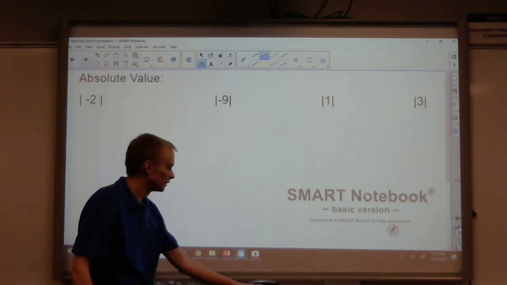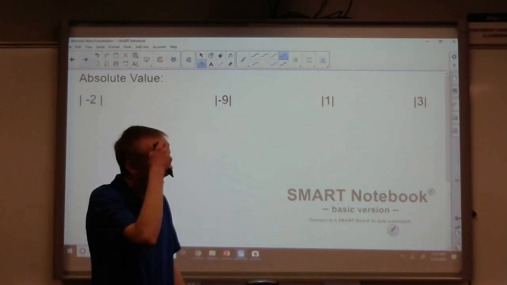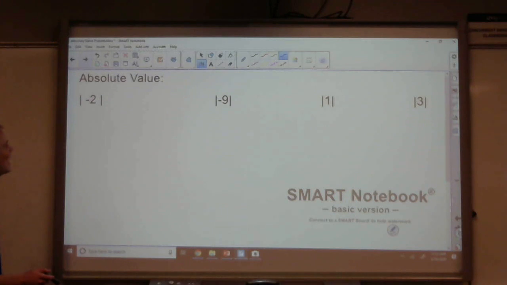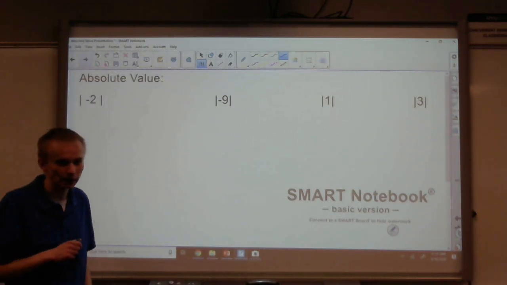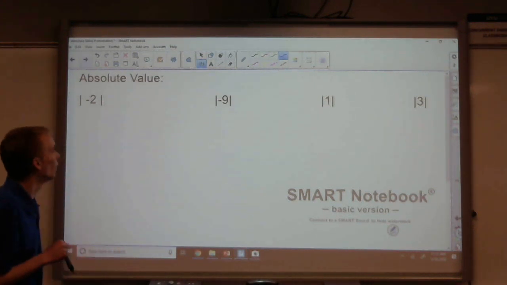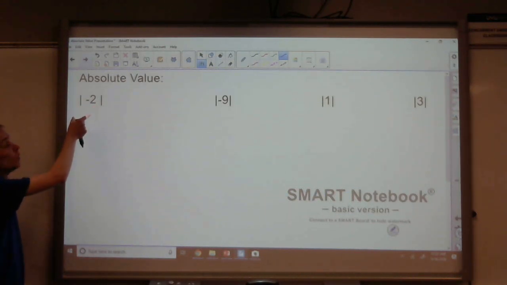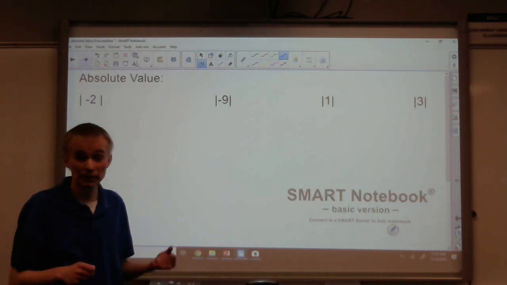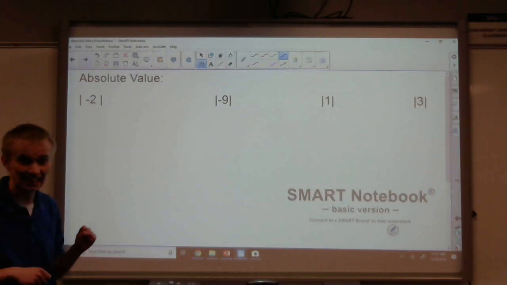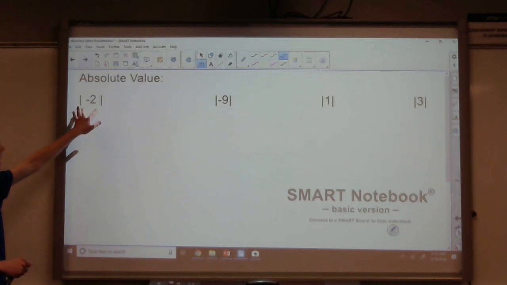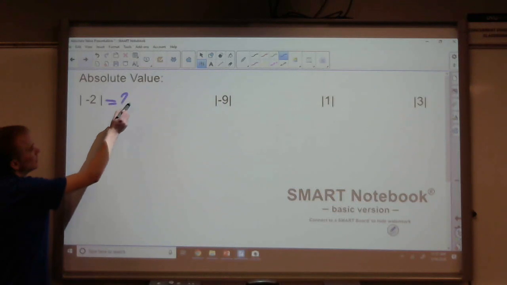And the name of that function is called absolute value, okay? And how we represent absolute value is we put little bars around numbers, okay? And what this means is, when you see the little bars, what you do is really simple. If there's a negative inside of the little bars, you're going to switch it to be a positive, okay?